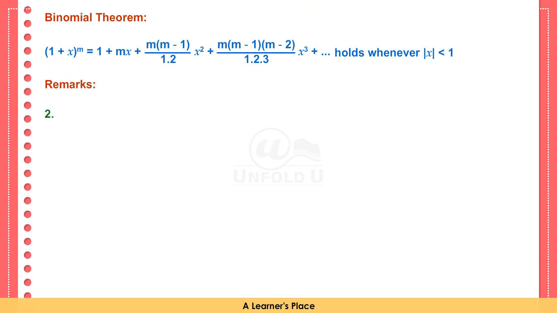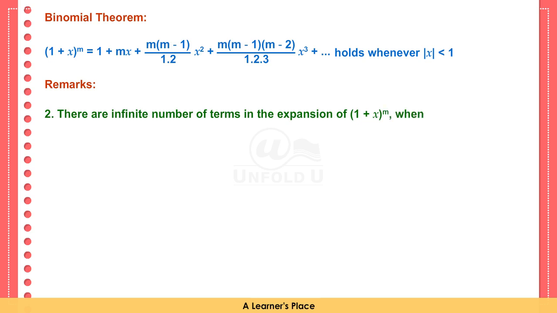Second, note that there are an infinite number of terms in the expansion of (1 plus x) raised to the power m when m is a negative integer or a fraction.